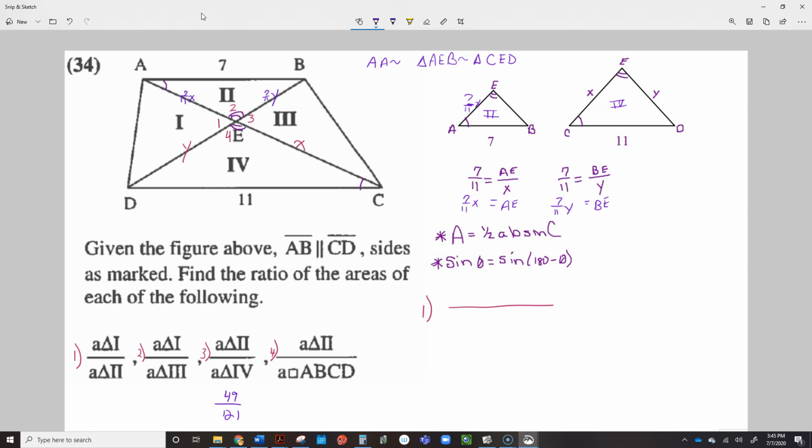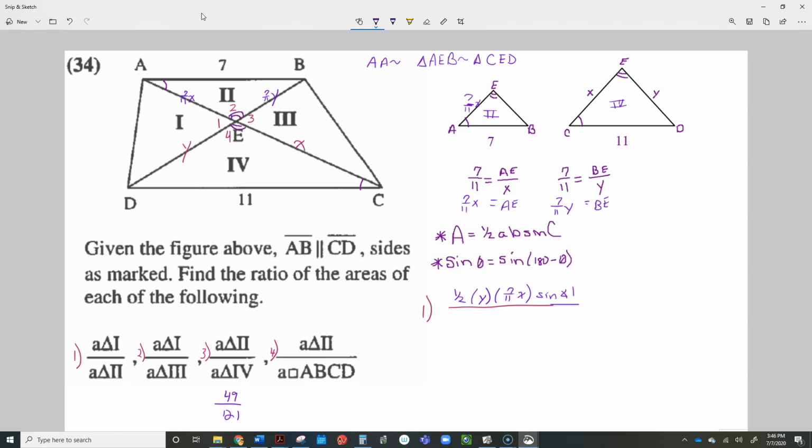So now, in order to find the scale factor for the areas of 1 and 2, I'm going to have to use this formula right here. I'm going to do 1/2. And for triangle number 1, one of the sides is labeled Y. So AB, this is 7/11 times X times the sine of angle 1.